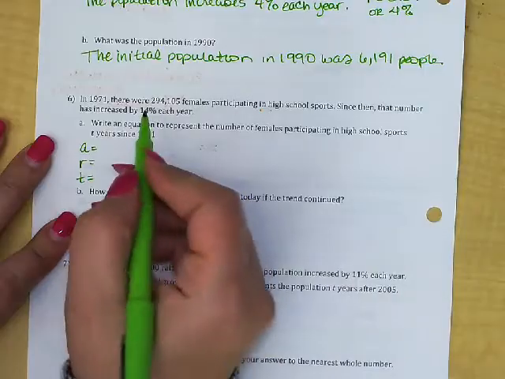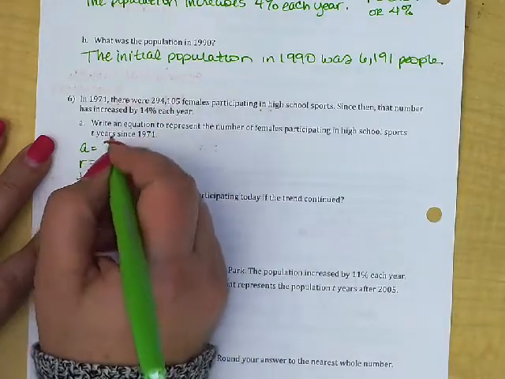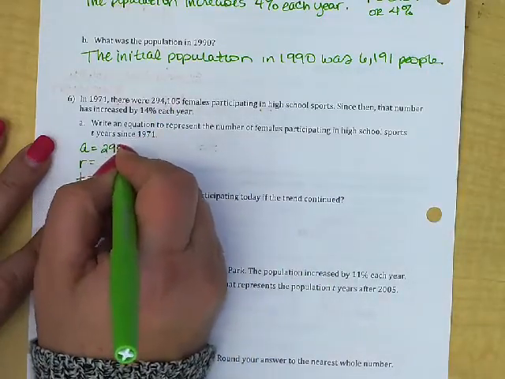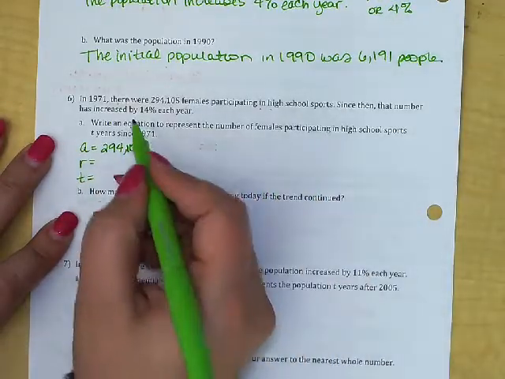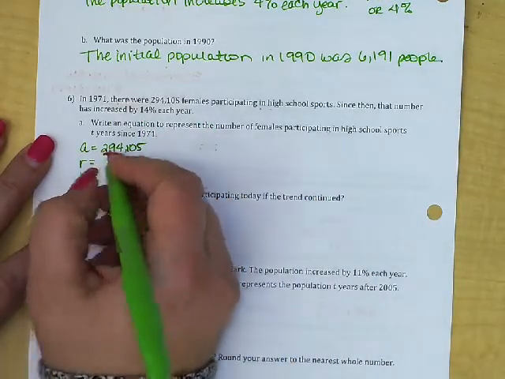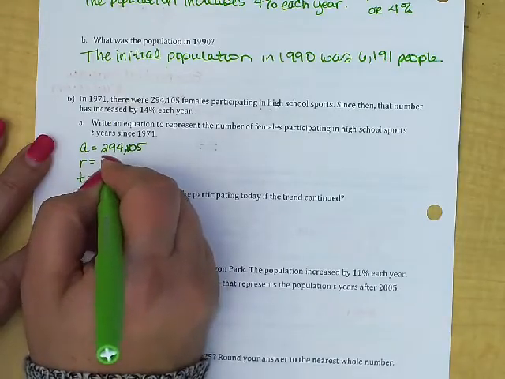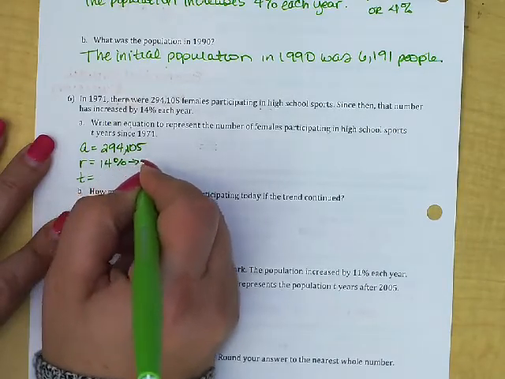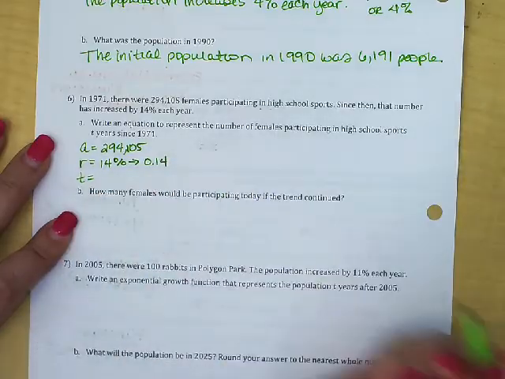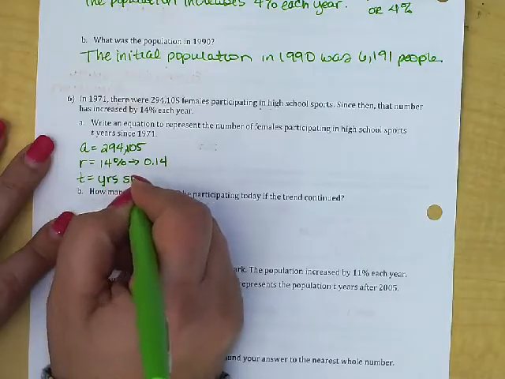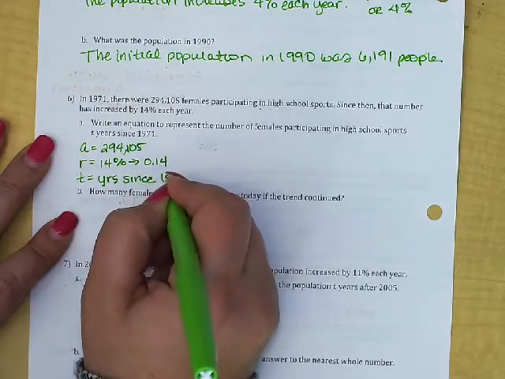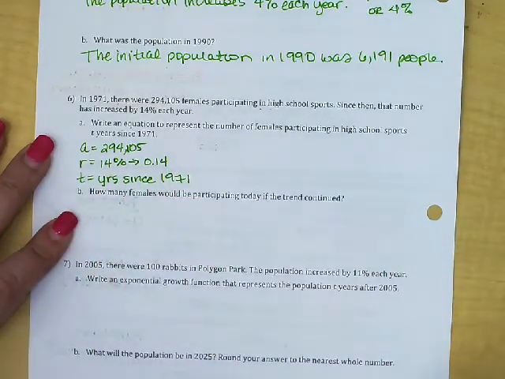So here our initial looks like there was that 294,105. The rate is 14%, which we're going to change to a decimal so that we can add it to the 1 in a moment. T is going to represent the number of years since 1971.